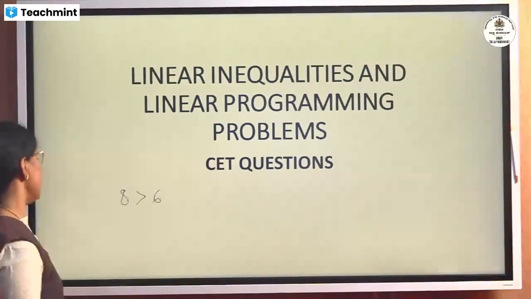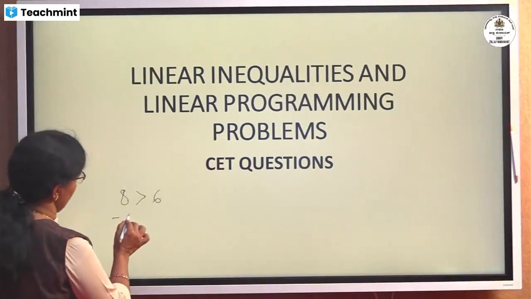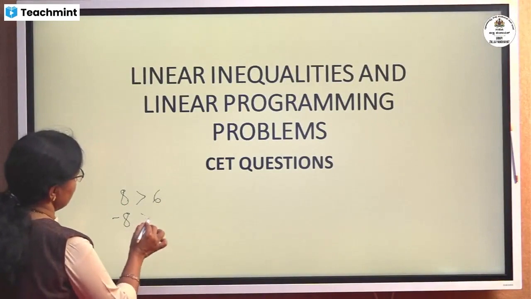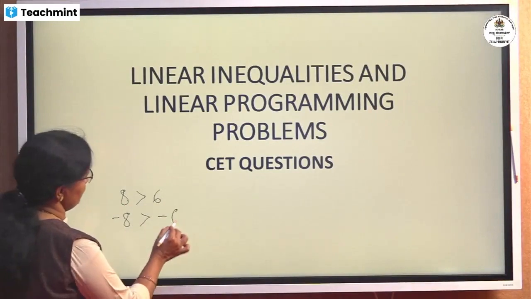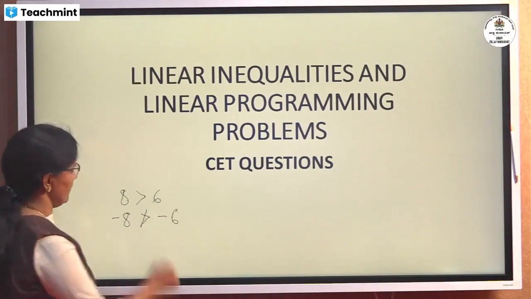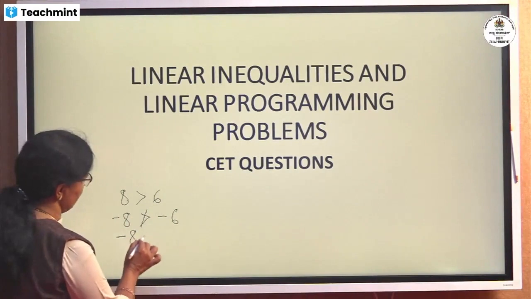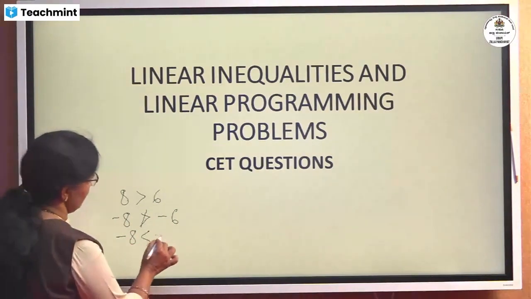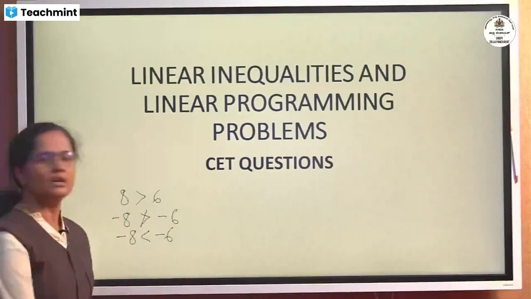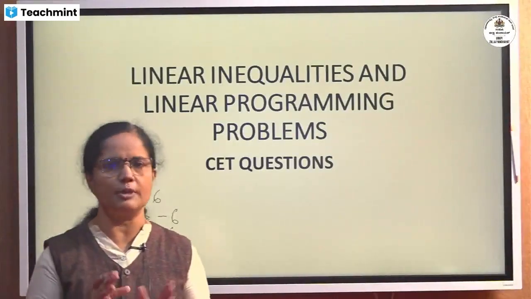If you multiply this on both sides by -1, what does it become? -8 is greater than -6. This is the wrong statement. Here it is not greater, the inequality reverses: -8 is lesser than -6. Okay.